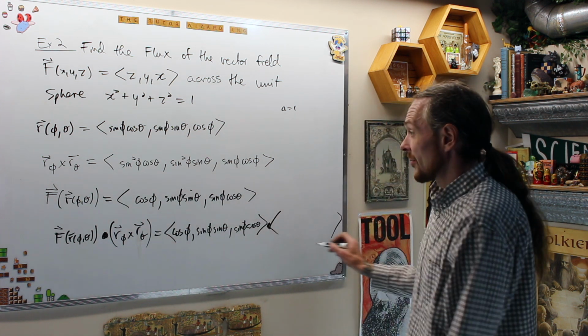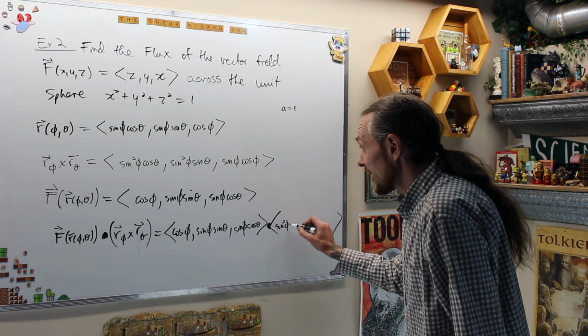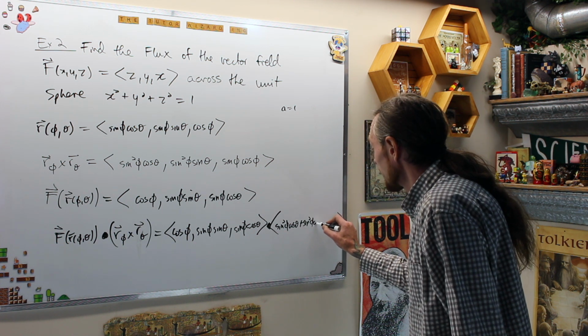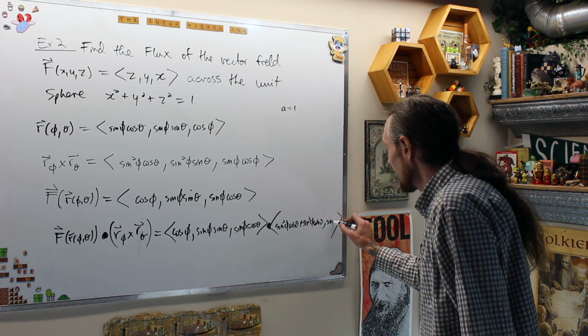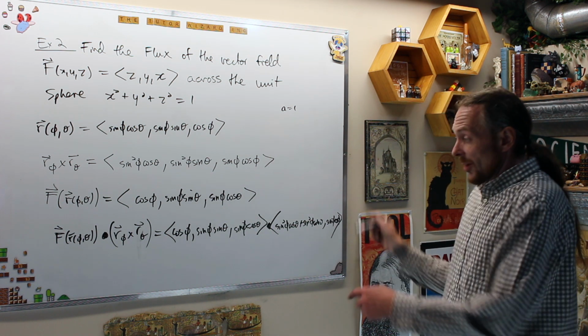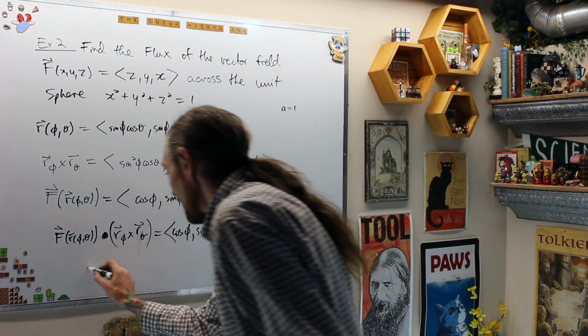This is going to give me (cos phi, sine phi sine theta, sine phi cos theta) dot product with this other horrible one, which is (sine squared phi cos theta, sine squared phi sine theta, sine phi cos phi). Dot product that, now I get a big giant sum.